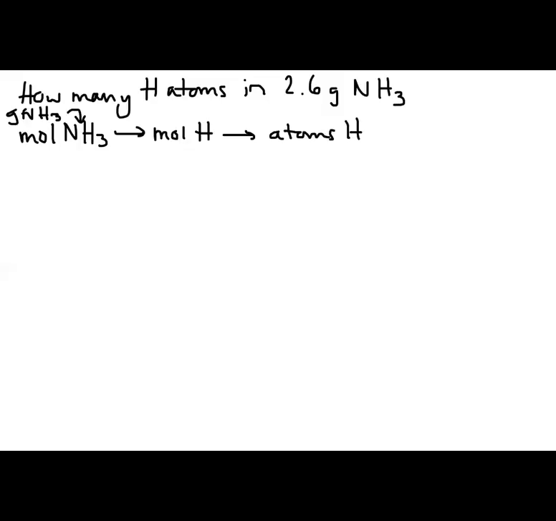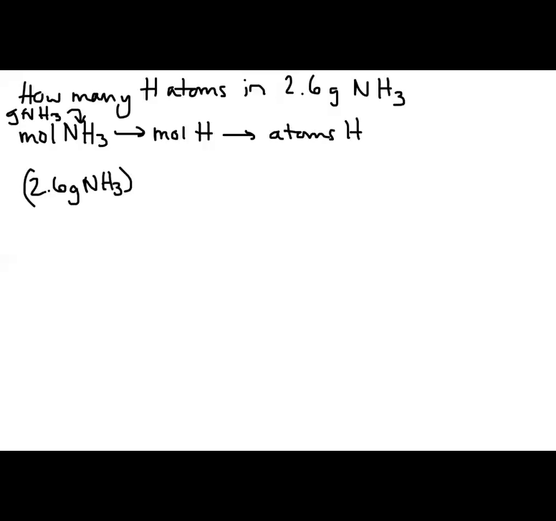So we're going to start with 2.6 grams NH3. But what do we need to know to get to moles of NH3? Molar mass, which we have to add up from the periodic table. So can anyone add up the molar mass of NH3? Yes, 17.04 about.